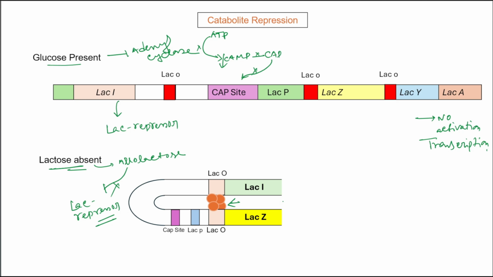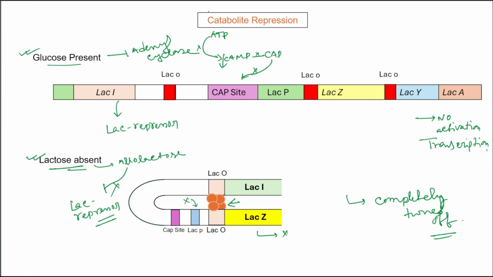So in the absence of lactose, no allolactose, so the repressor cannot bind with the inducer and the repressor does not change shape. So the repressor stays tightly bound to the operator. So RNA polymerase cannot bind to the promoter site, so transcription is blocked. Then the operon is repressed. So in the presence of glucose and absence of lactose, the operon is completely turned off.